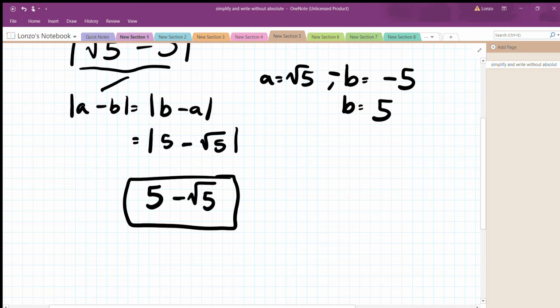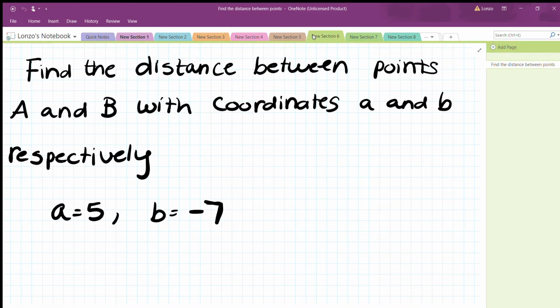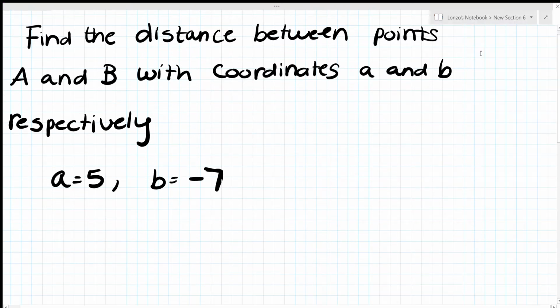Let's do a distance problem. Let's say you find the distance between points A and B with the coordinates A and B respectively. You're going to use the distance rule. So we have A equals 5 and B equals negative 7.